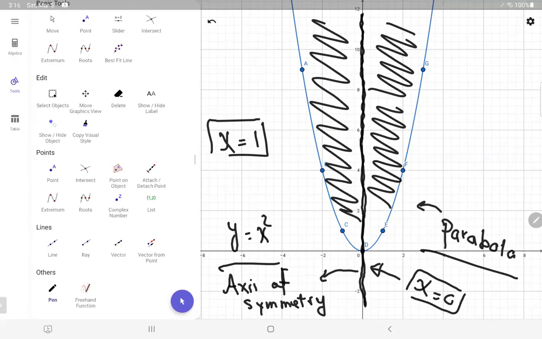So if you look at the axis of symmetry and the parabola, they have an intersection point, which is this point. This is the point where they both intersect. This is the vertex of the parabola.